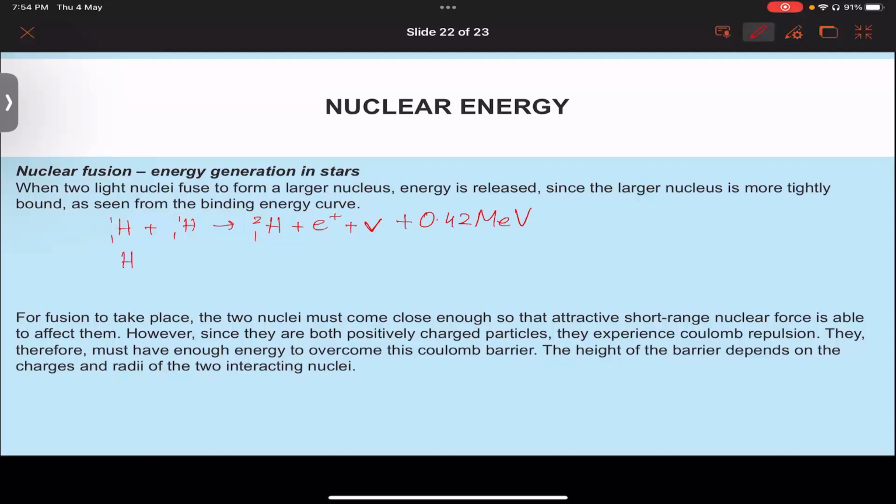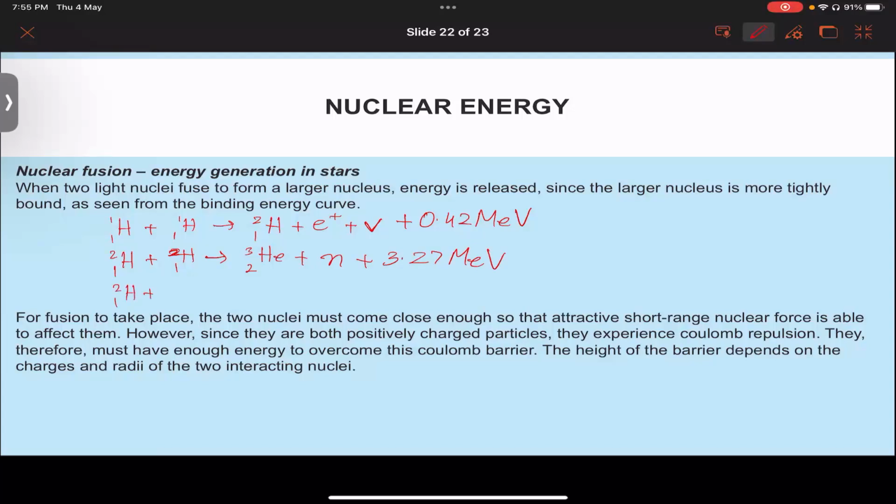Then if you have deuterium, which is 2H, fusing together, what you get is the helium isotope with mass number 3, and again a neutron is produced, and energy is emitted.